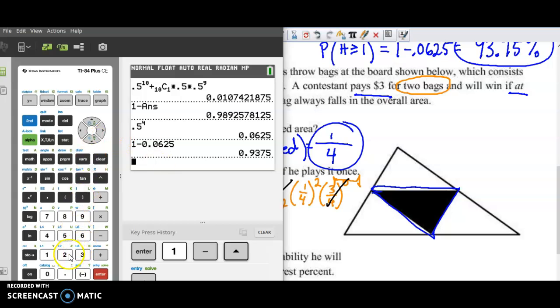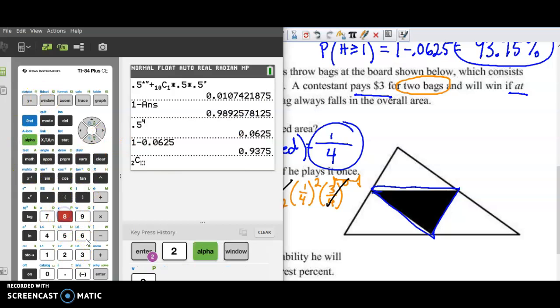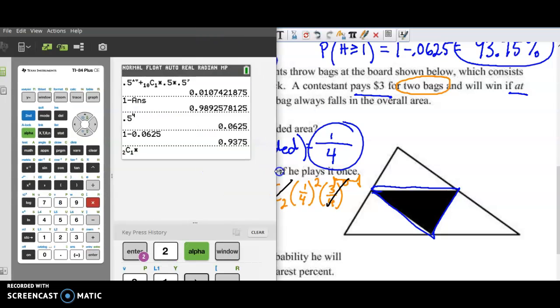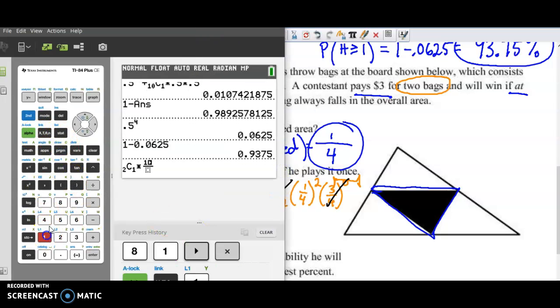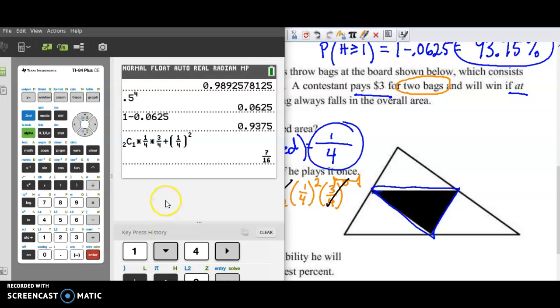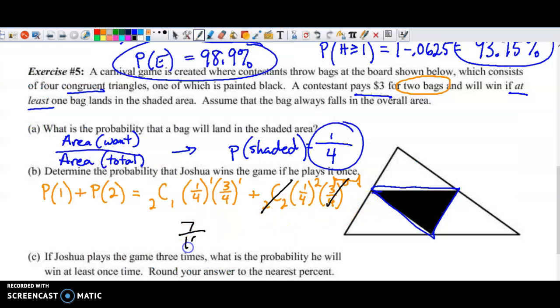So as you go to 2 combination, I hope you can do that quickly in your head, that's just 2 times 1/4 times 3/4, and then plus the next one, 1/4 to the 2nd power. So we get 7 out of 16. So that's the probability of just winning 1 game.